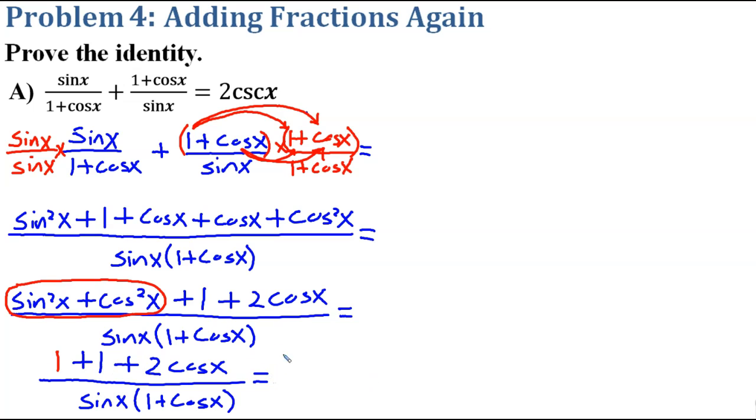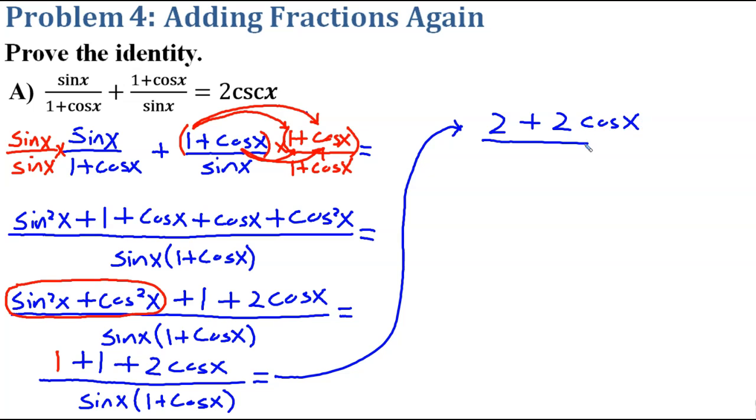So I can combine my 1's obviously, and I'm going to move this up top here. So 1 plus 1 is 2. All right, 2 plus 2 cosine x over the same sine x times 1 plus cosine x.